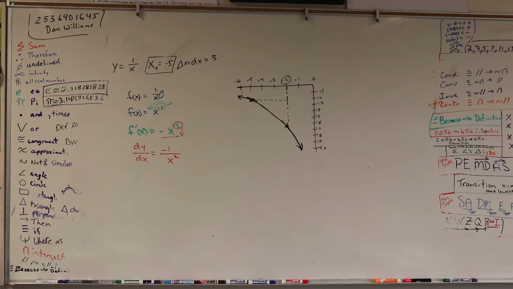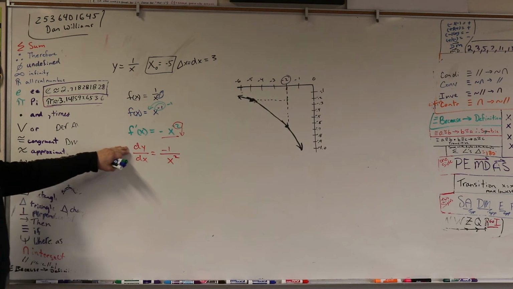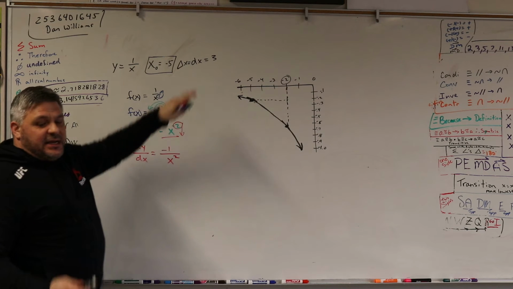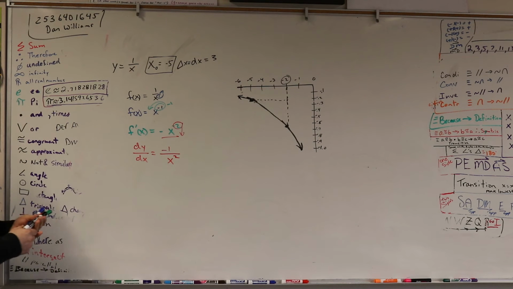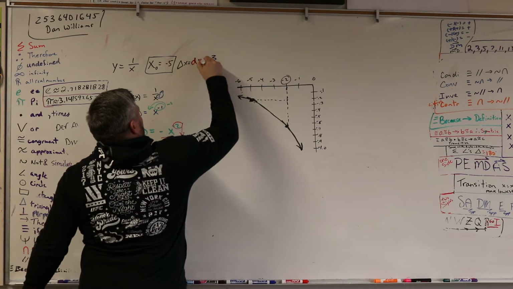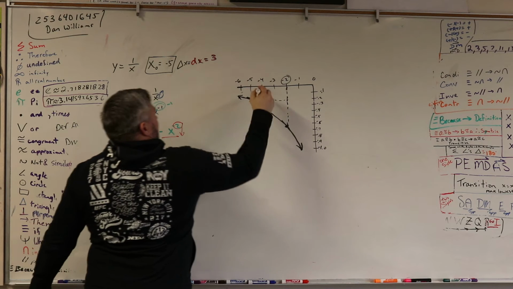Now, to find the slope, to find dy, right? So we know what dx is. dx is the same as the change in x, right? So we already know that dx is equal to 3, which is right here.